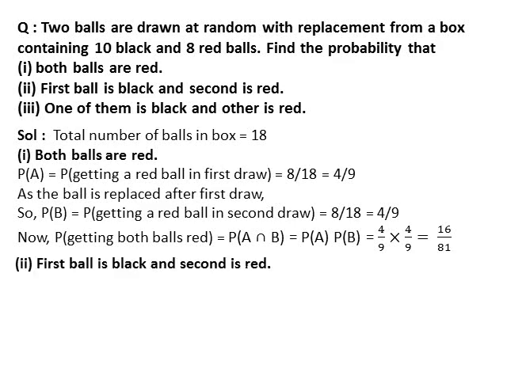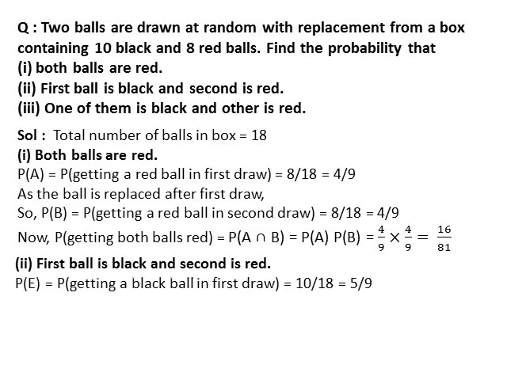Now second part. First ball is black and second is red. Let E be the event that first ball drawn is black and F be the event that second ball drawn is red. Now P(E) equals 10/18 equals 5/9. As the ball is replaced after first draw, so again total number of balls are still 18, in which 10 are black and 8 are red balls.